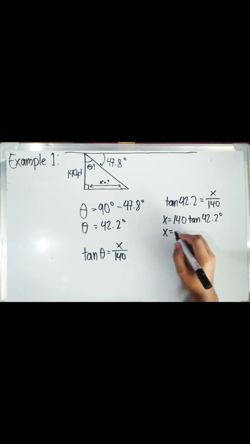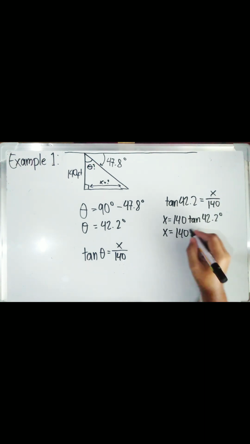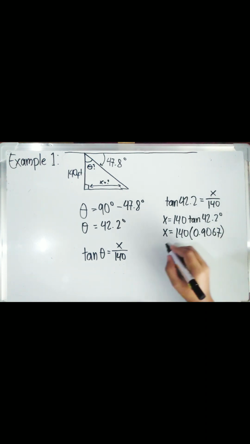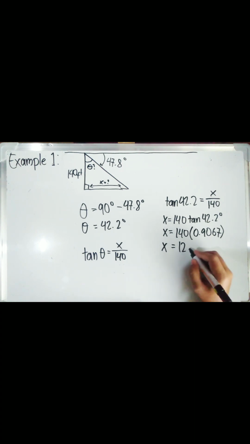Then 140 multiplied by 0.9067. So x is equal to 126.94 feet.